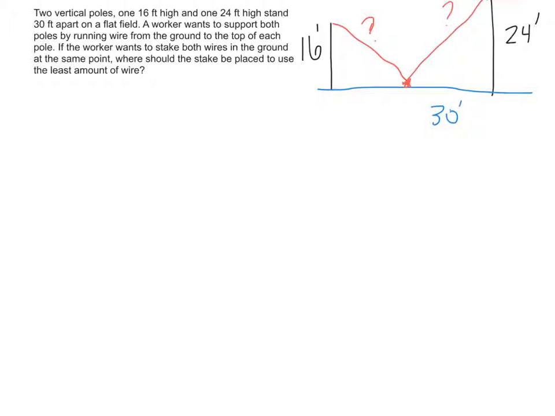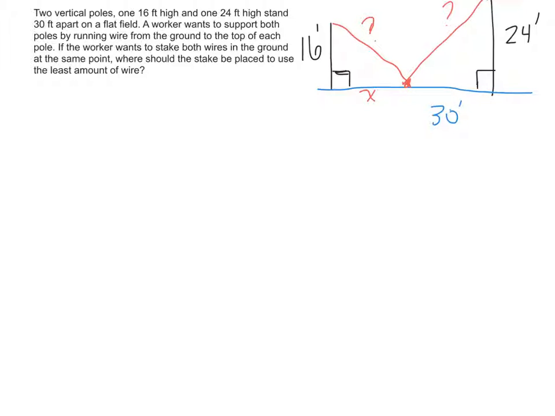Well, if you'll notice, what do I know here? These are vertical poles on a flat field. That kind of gives it away. We've got some right triangles going on here, so I can use the Pythagorean theorem. Now, what we don't know is how far apart these poles I'm going to place this stake. So let's call it x.